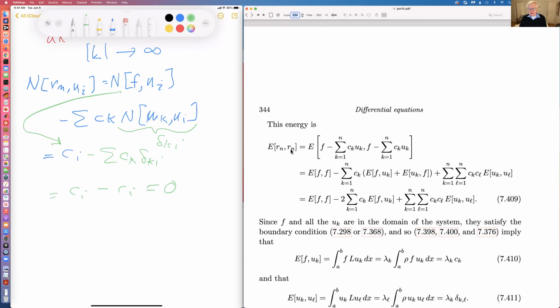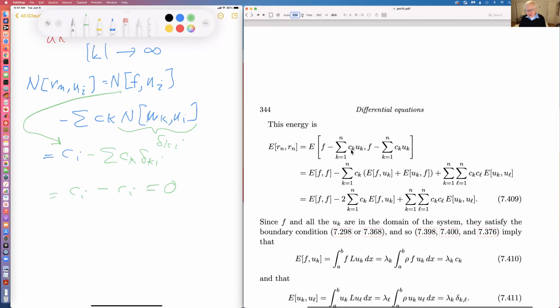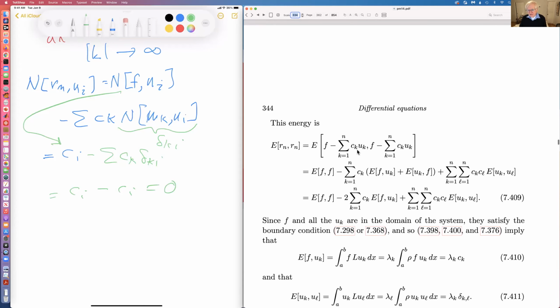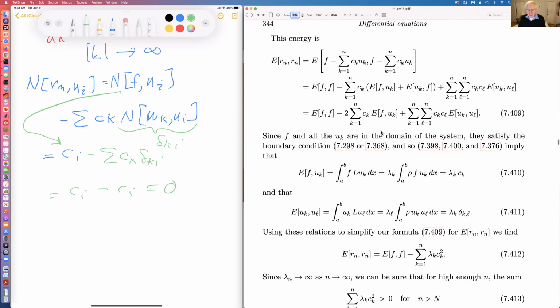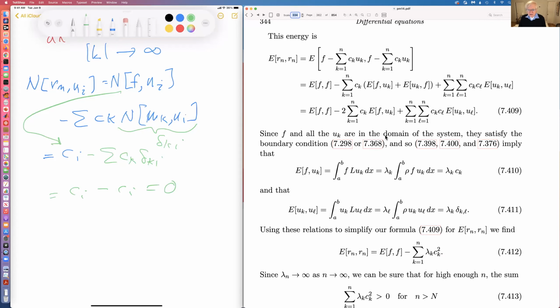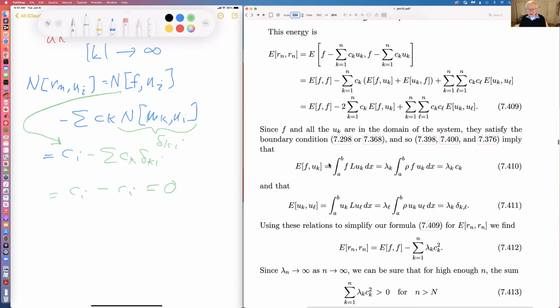So what is the energy of the remainder? Well, it's the E inner product of F minus the sum. And now if you multiply all those out, you get all of this. Let's see. E of F U_K, which occurs here, is lambda_K C_K.